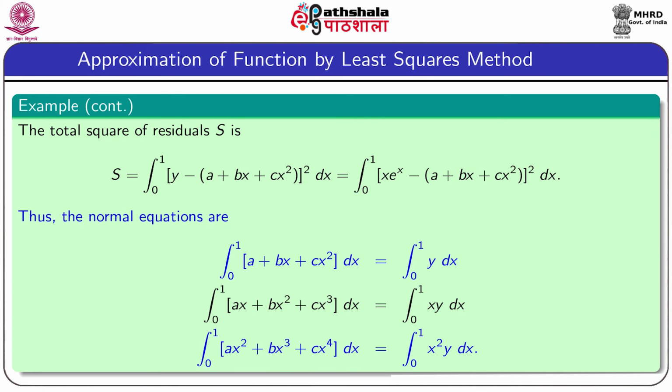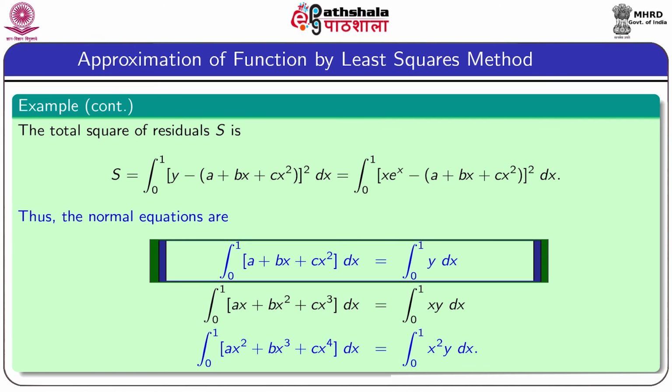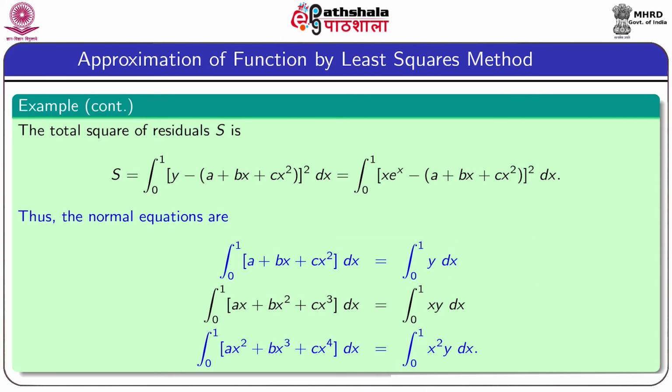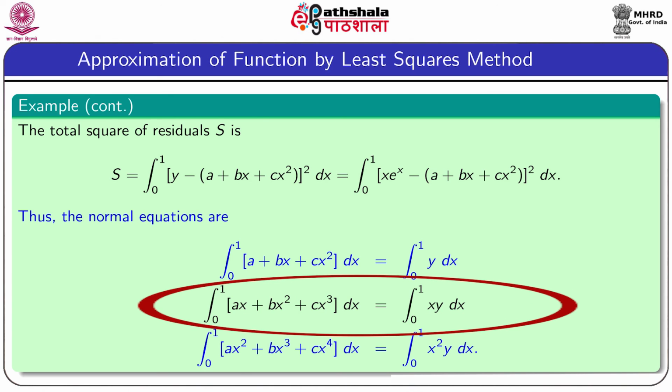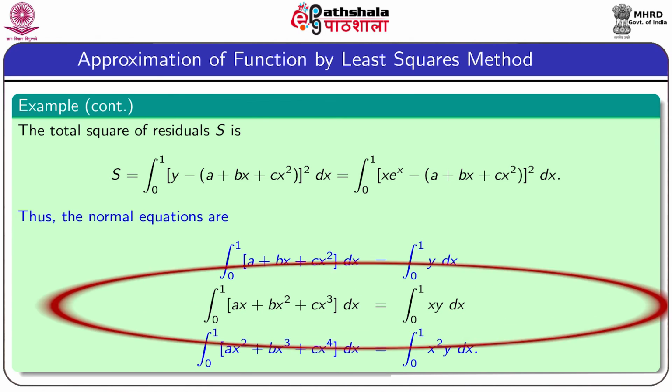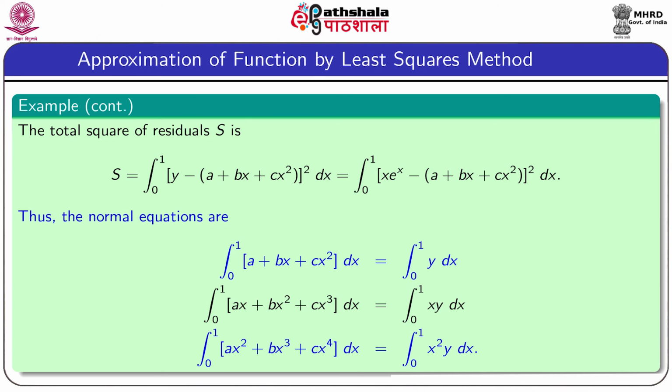That means the normal equations are: the integral from 0 to 1 of (a + bx + cx²) dx equals the integral from 0 to 1 of y dx. This is the first normal equation. The second normal equation is the integral from 0 to 1 of (ax + bx² + cx³) dx equals the integral from 0 to 1 of x y dx.